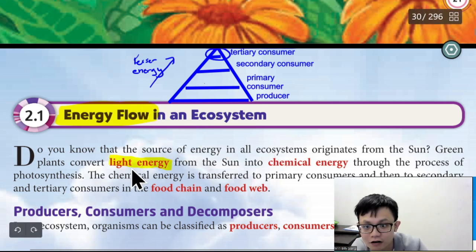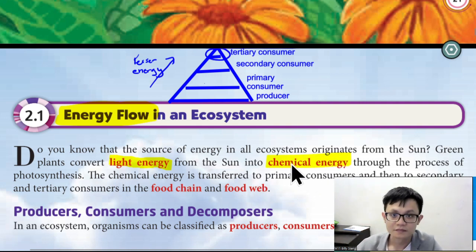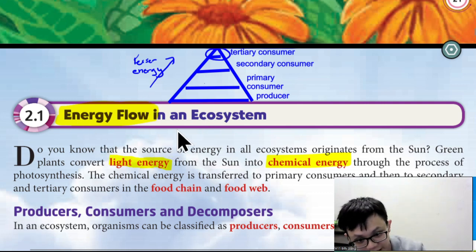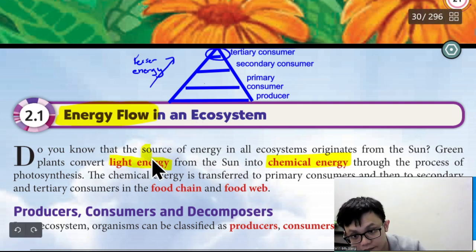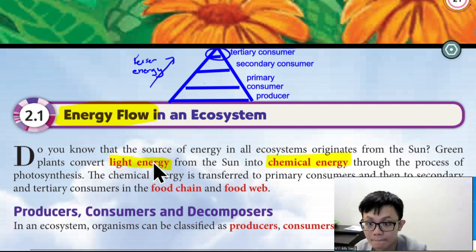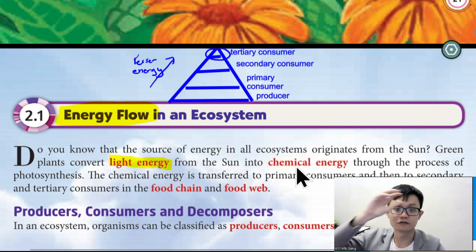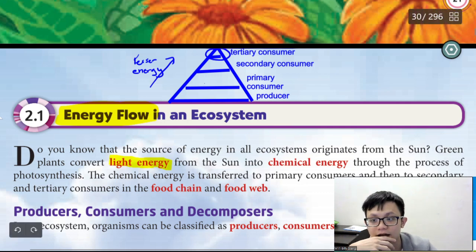So the plant converts the light energy into chemical energy. Where is the chemical energy stored? Of course, we know the light energy is from the sun, and it is converted to chemical energy.